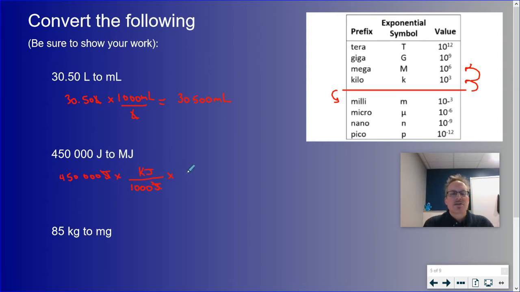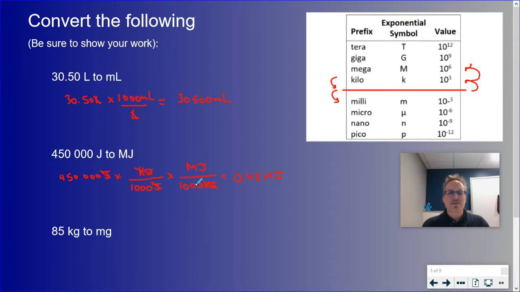I also know that there's 1,000 kilojoules in a megajoule. So I'm going to cross them out by putting the kilojoules on the bottom. Again, the only number I have on the top is 450,000, so I'm going to divide by 1,000, enter. I'm going to divide by 1,000 again, and my answer is going to be 0.45 megajoules.